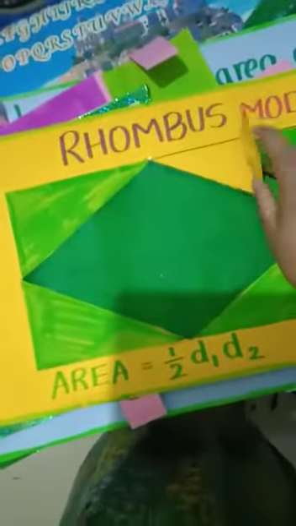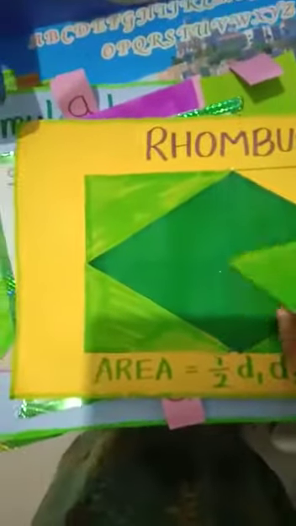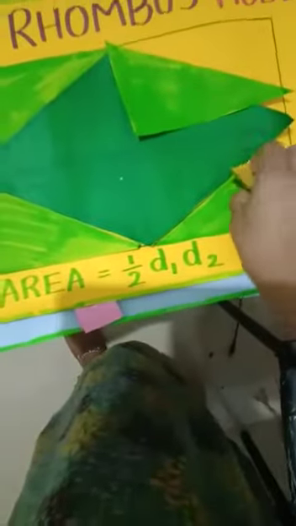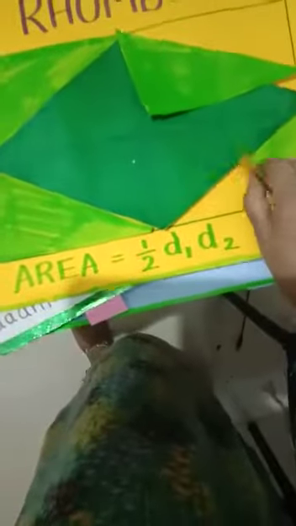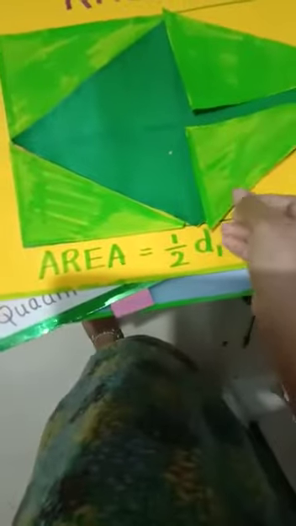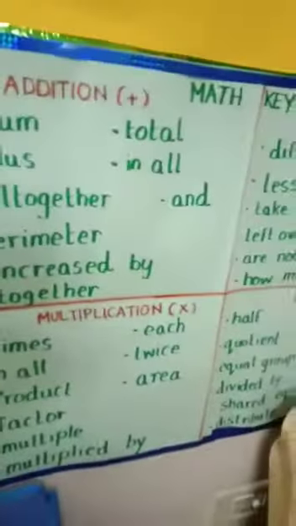If you remove all the four sides and place them over here like this, again it is coming like two rhombuses. We can make two rhombuses in this one rectangle, right? So what is the area of the rectangle? Length into breadth. Area means multiplication. See here, area means multiplication.